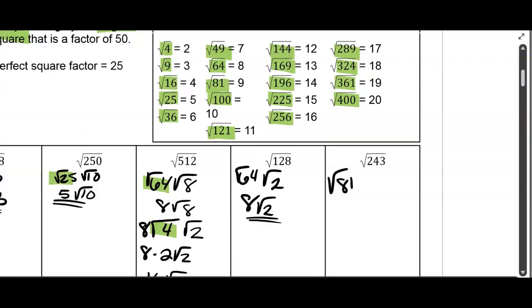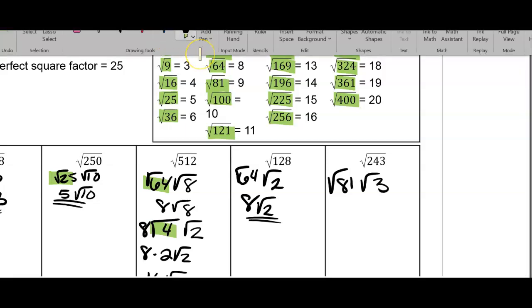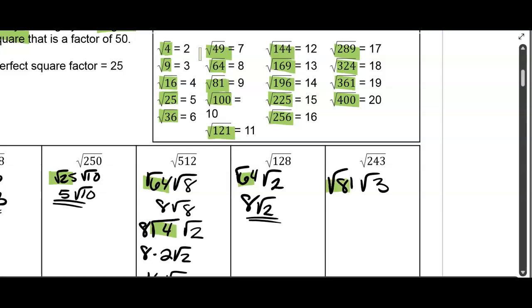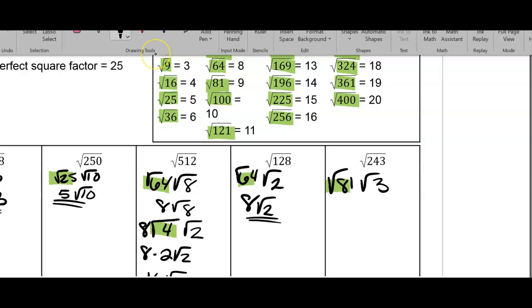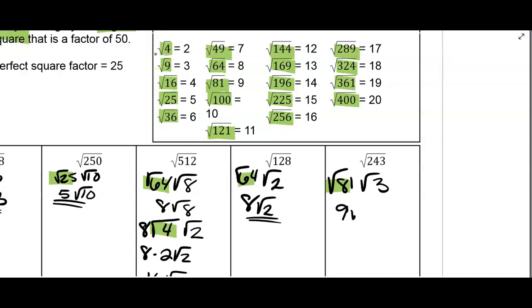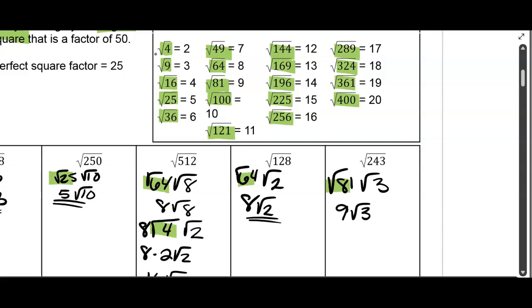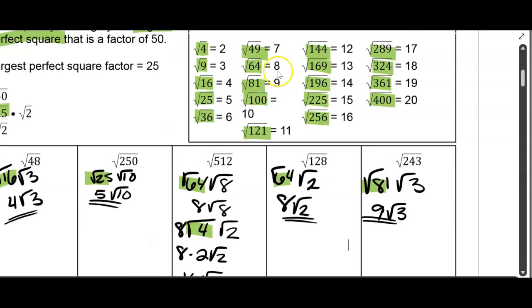So square root of 81 times square root of 3. Now I kind of skipped over the highlighting, but these are the perfect squares. That's where we're choosing them. So I know that the square root of 81 is 9. So I can reduce that to 9 square root of 3. I cannot simplify 3 any further, and it's not one of my perfect squares. So that's my simplified version. So that's how to simplify radicals. Pretty neat.